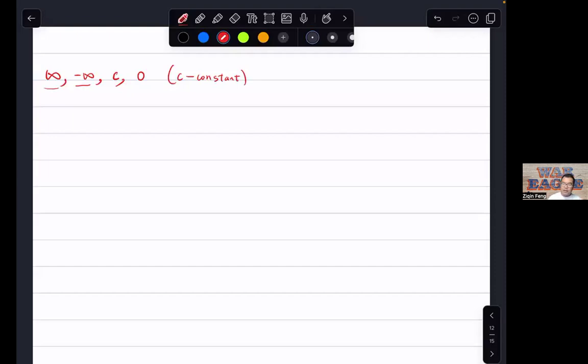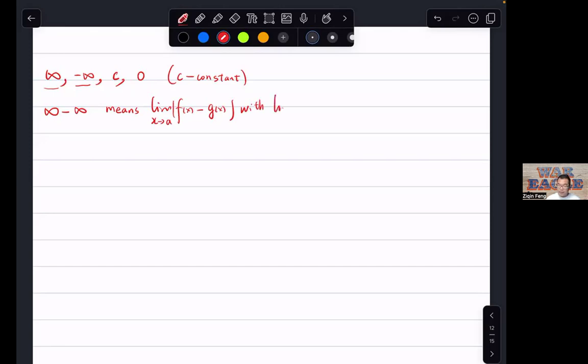So let me write down an example here, what we mean by infinity minus infinity. What's the meaning of that? This is just a shortcut, a notation for the difference of two functions. As x goes to somewhere, let's call that a, where a could be infinity or negative infinity, f of x minus g of x, with both f of x and g of x going to infinity.